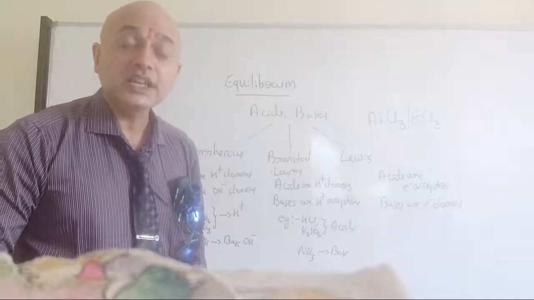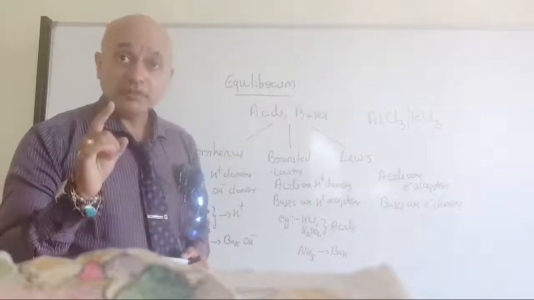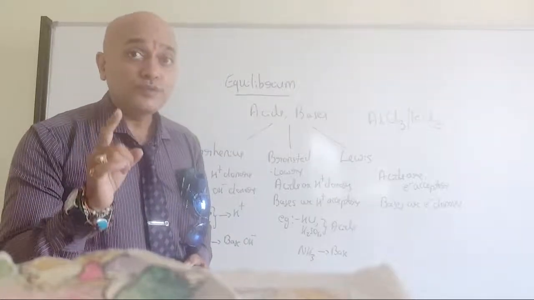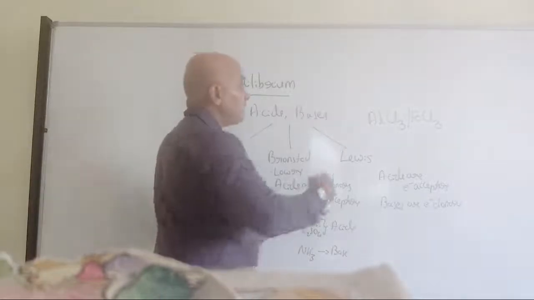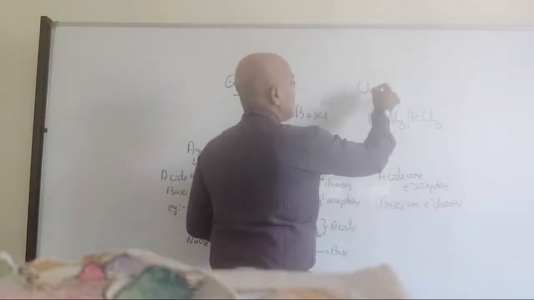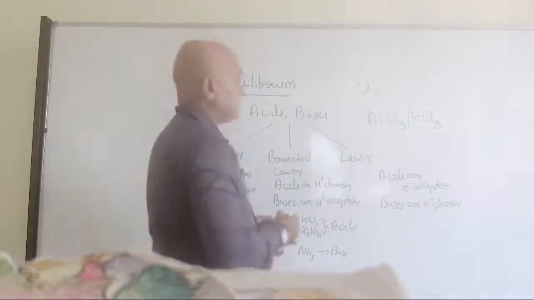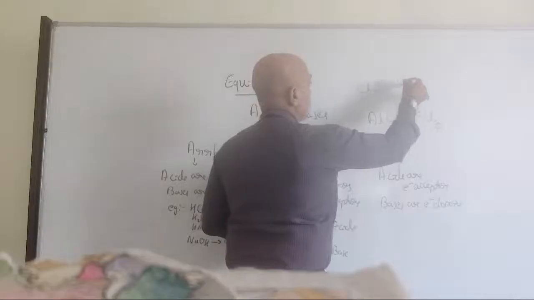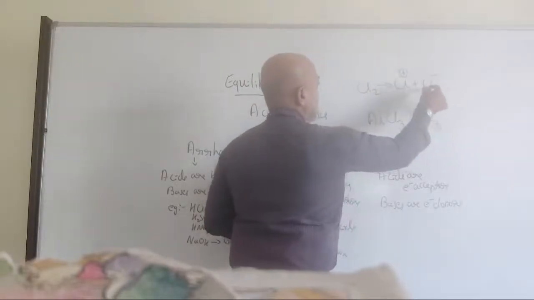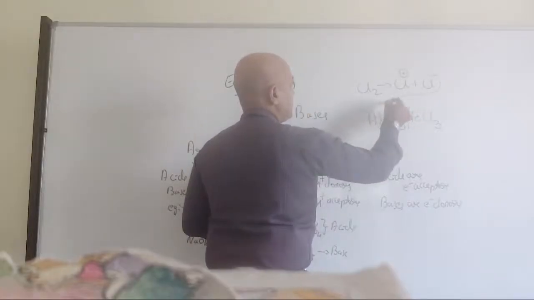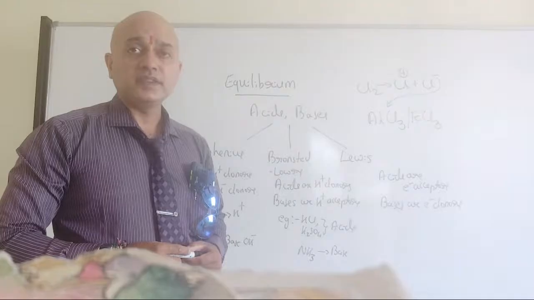In the Friedel-Crafts reaction, aluminium chloride will be considered a Lewis acid. If you remember, it helps in the cleavage of the chlorine molecule to undergo heterolytic cleavage, where there will be formation of chloronium ion and chloride, and this electron will be taken care of by the aluminium chloride, right?